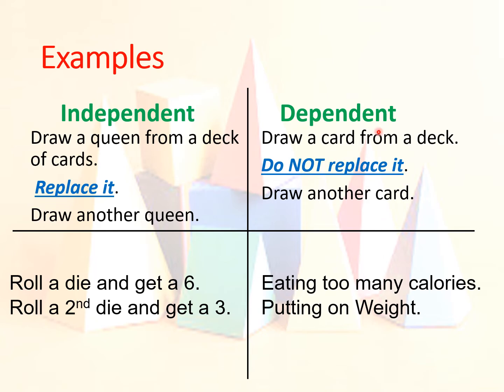Under dependent events, we have draw a card from a deck, do not replace it, draw another card. So your key phrase in here is do not replace it. And in real life, eating too many calories and putting on weight. Of course, if we eat too much, then we gain weight. So that is dependent events.